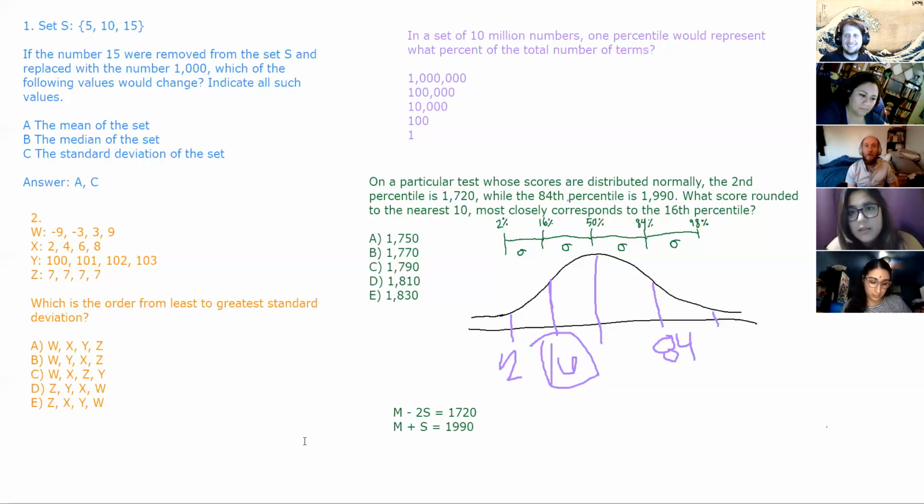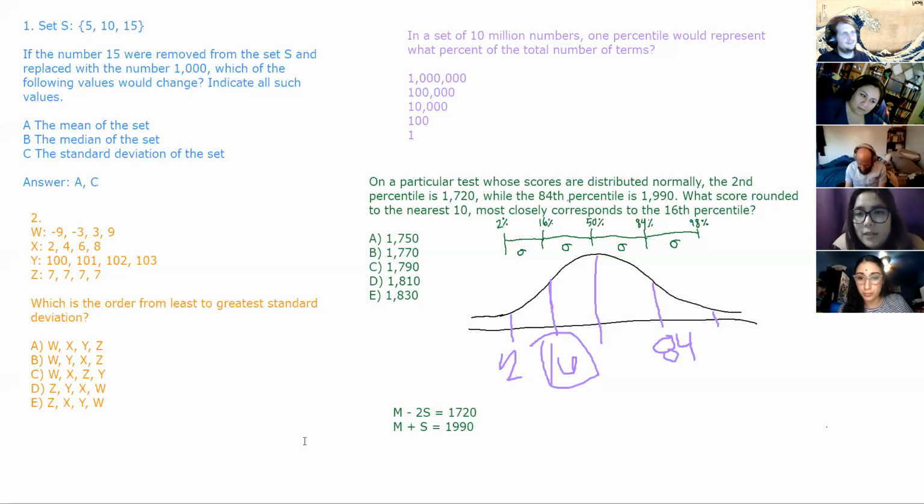So I took the 190 minus the 720, and then I got 270, and then I took that 270 and divided it by 3, like the 3 spaces, which equals 90.